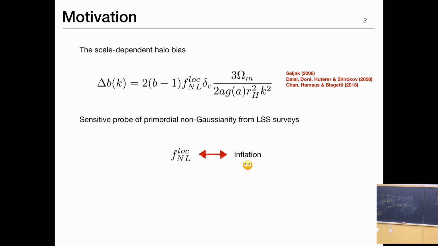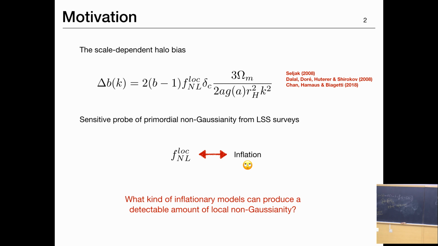Here is the $1 million question and the true motivation of this work. What kind of inflationary models can produce a detectable amount of local non-Gaussianity? The answer is easy: I don't know. But let's try to elucidate what kind of models cannot produce it. By the way, this is the only slide which is related to something of large-scale structure.